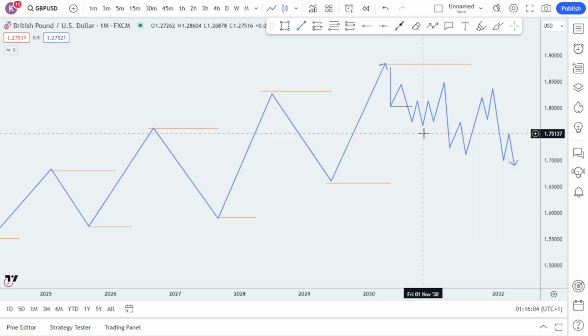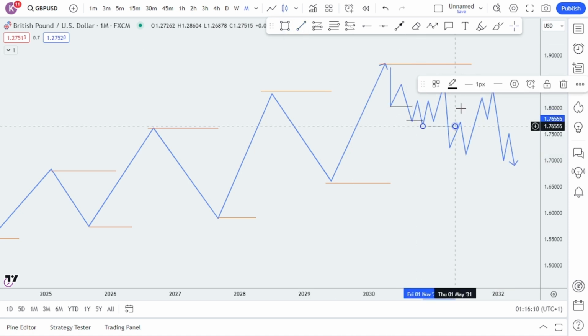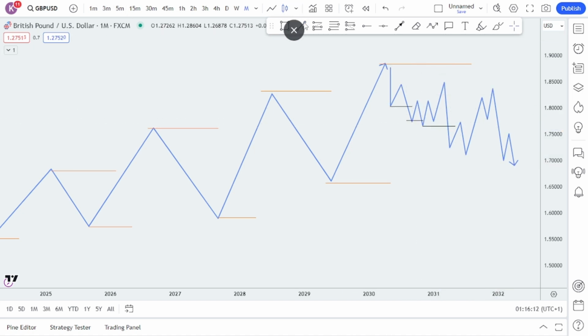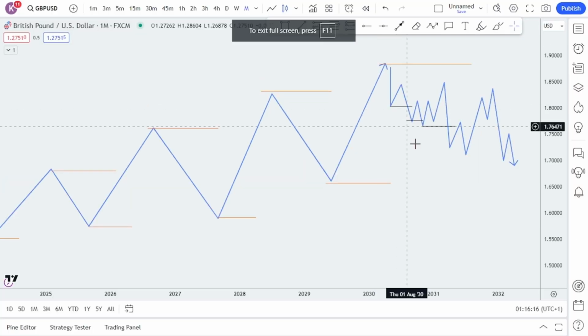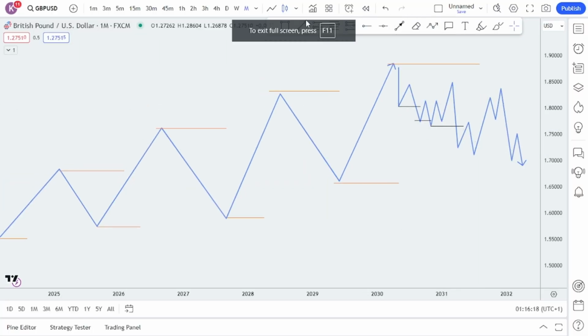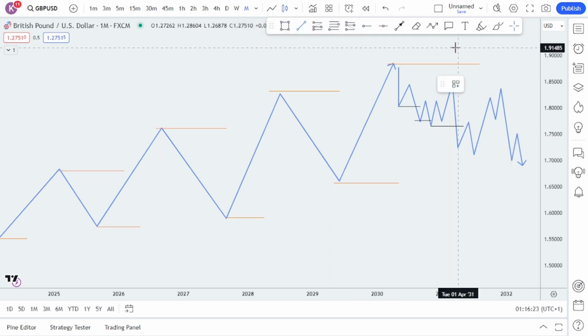So you use a black line to make sure we mark the lows correctly. You see that? Mark the lows correctly, because I know that this is a downtrend.